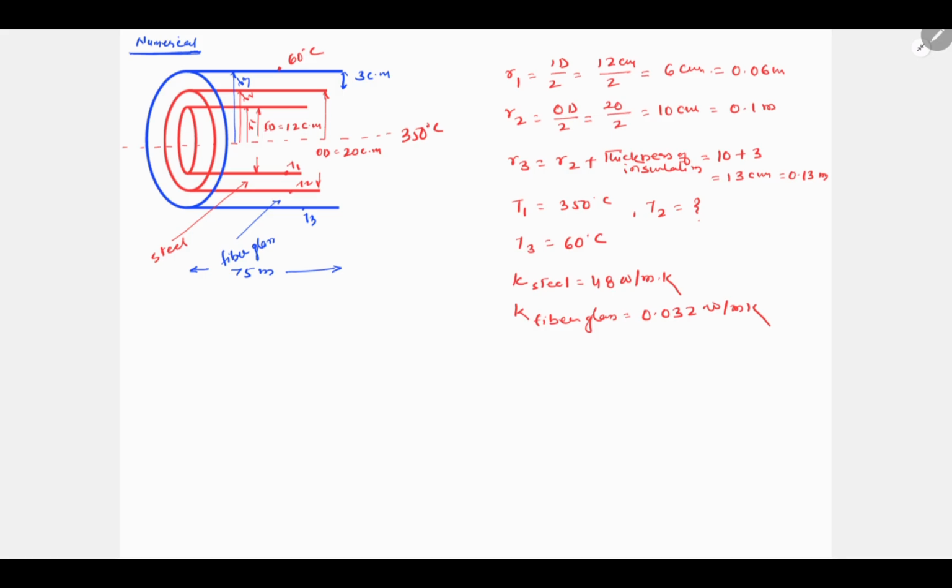In that case, we need to calculate how much amount of heat loss will occur, and secondarily, what will be the temperature of the interface, that means T2.